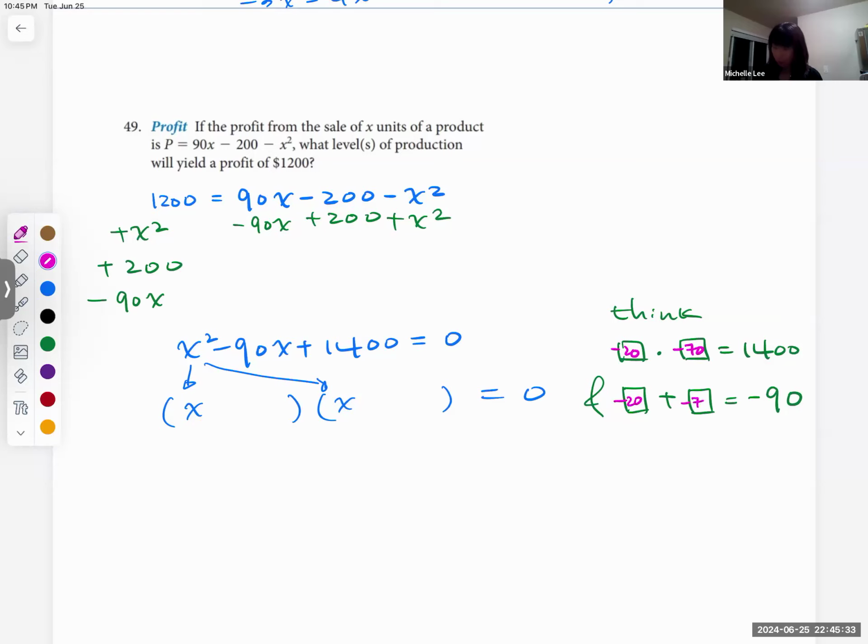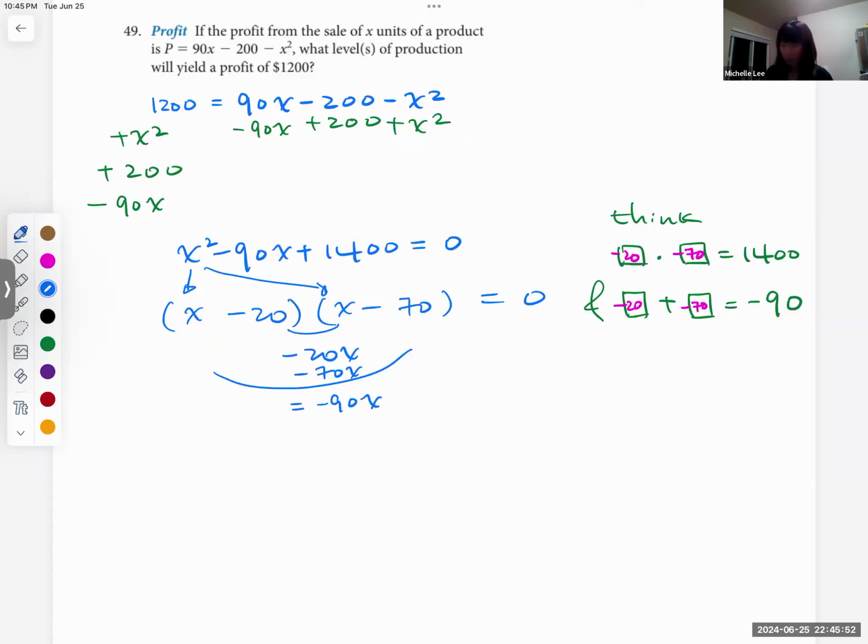Yep, that is correct. So negative 20, negative 70. Check this one out. The inner is negative 20x, outer negative 70x, equal to negative 90x. Yes, right? Then by the zero product property, we have x minus 20 equals 0, x minus 70 equals 0.